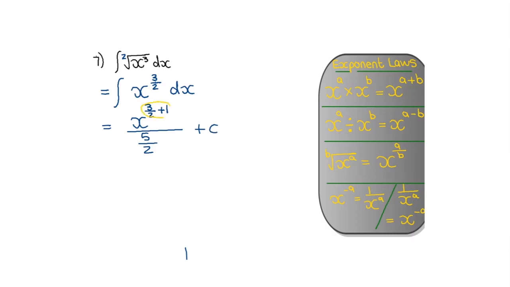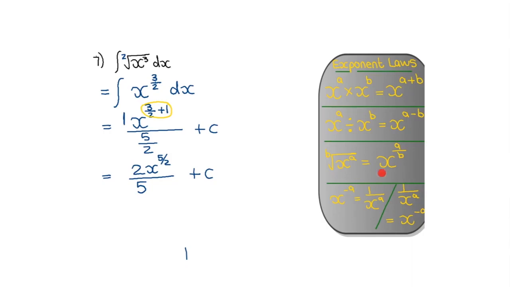Now remember there's actually a 1 there in front. And if you use your calculator to say, but what is 1 divided by 5 over 2, your calculator will give you that it is 2 over 5. And then what I still have there is x to the power 5 over 2 plus the constant. Remember, the moment you have an exponent which is a fraction, then it can actually be written in surd form.